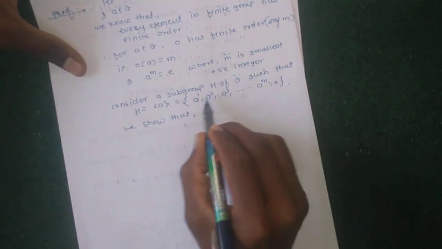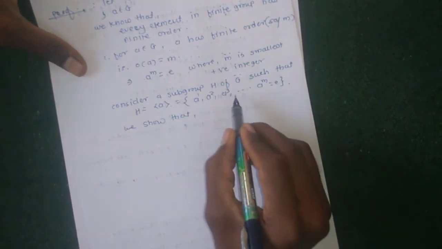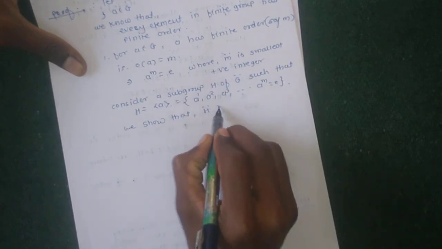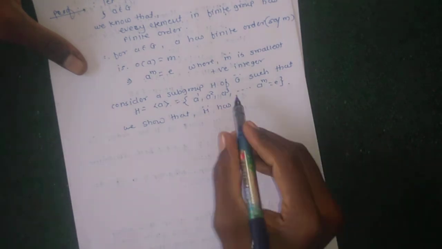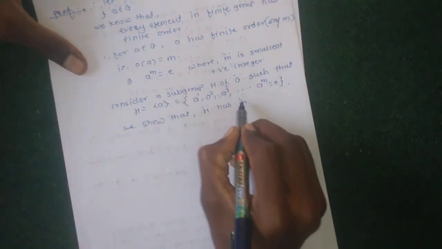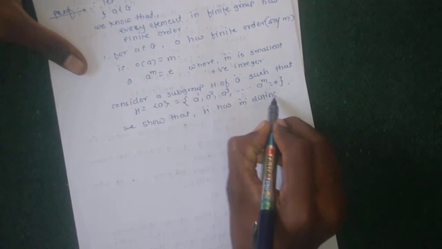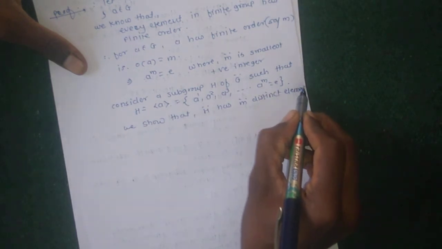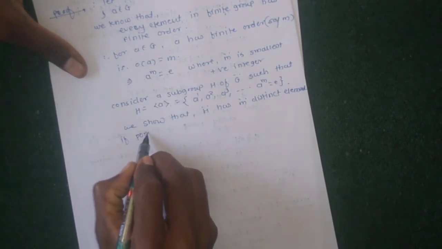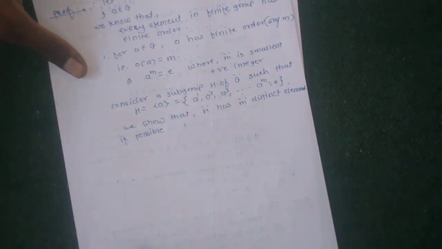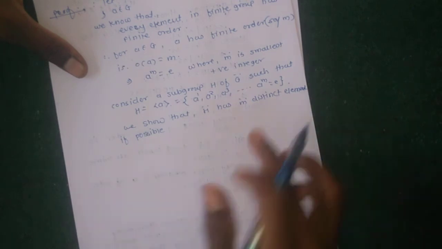To show these m elements are all distinct, how do we show this? In the Lagrange theorem you have also seen how to prove distinct elements. On the contrary, suppose that, if possible, these elements are not distinct, meaning some elements are repeated.